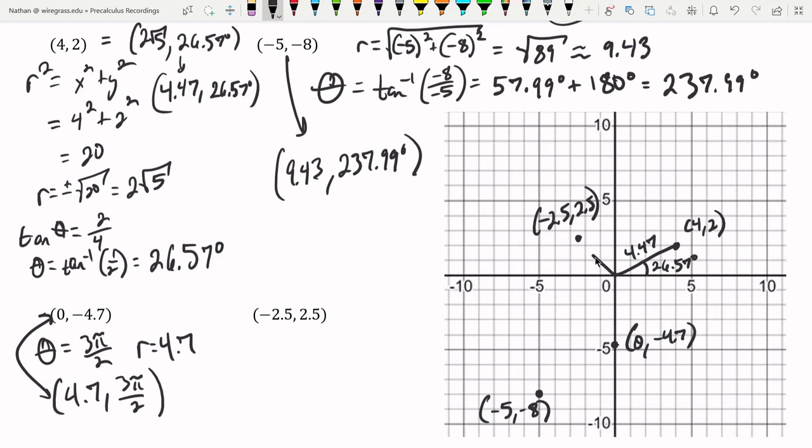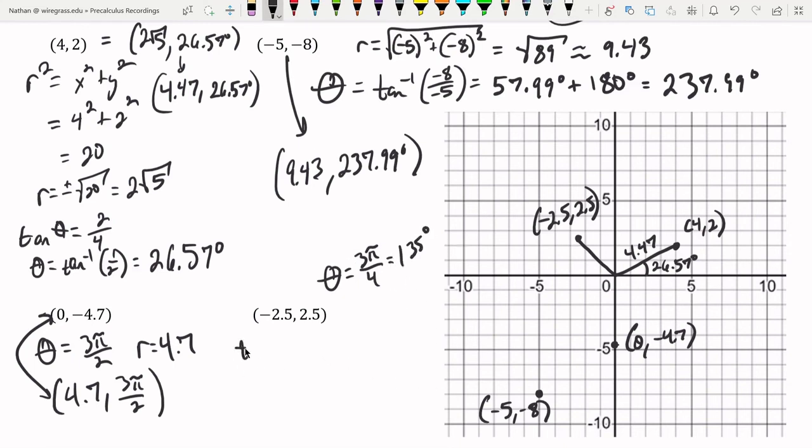This one's actually at a 45 angle because it's the same coordinate, the same numbers. The absolute value is the same. So I know it's going to be right in that 45 degree line. In this case, it's going to be 135 degrees or 3 pi over 4. But let me actually show you that with the tangent again, because this is going to be another one of those cases we have to consider. So we know this is going to be 3 pi over 4 or 135 degrees. Same thing.